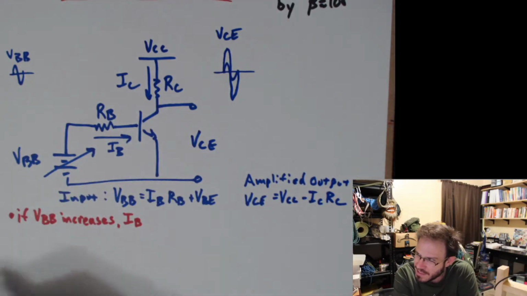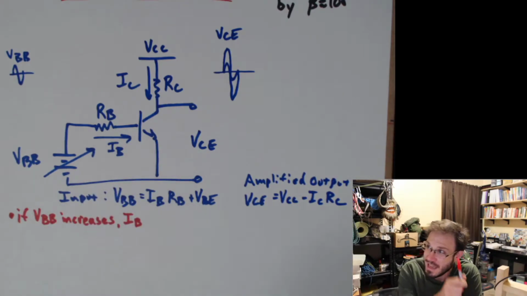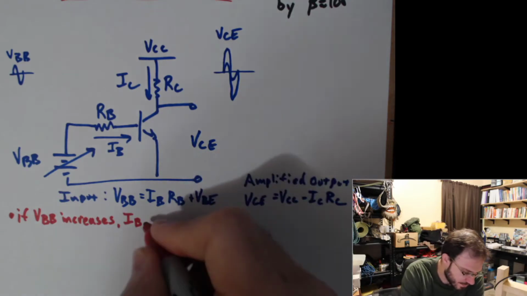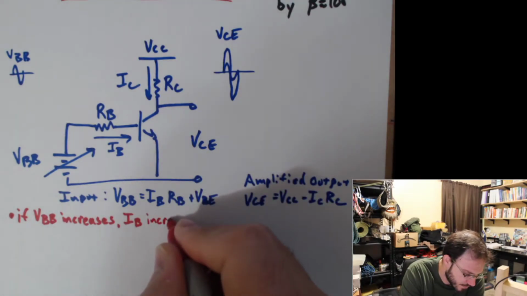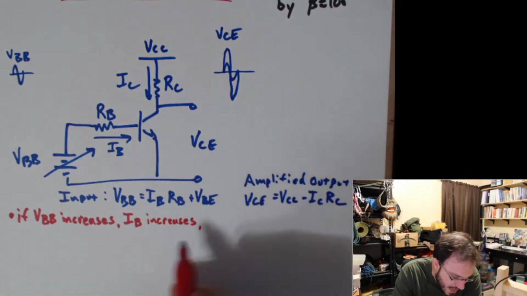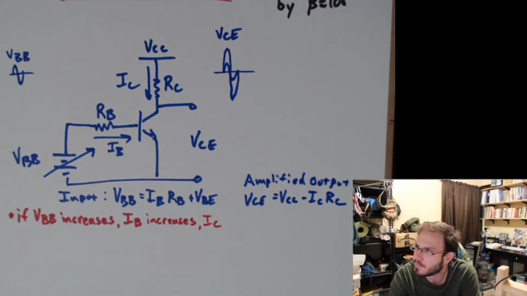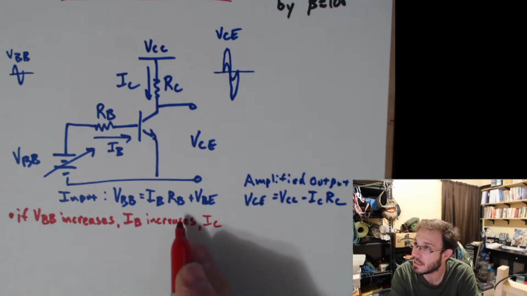Does IB go up or does IB go down if VBB increases? Yeah, right? It goes up. Okay, if IB increases, what happens to IC? Does IC go up or does IC go down if IB increases?